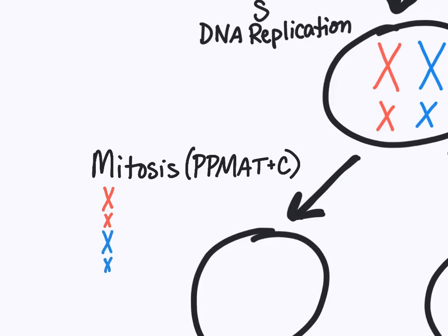So during metaphase, the chromosomes line up in the middle of the cell. What happens during anaphase is that the sister chromatids get separated, and one sister chromatid goes to either side of the cell. So the key event that happens during anaphase of mitosis is that the sister chromatids separate.